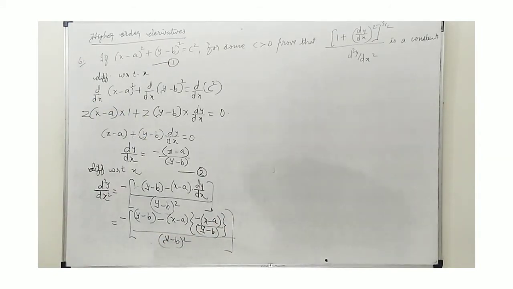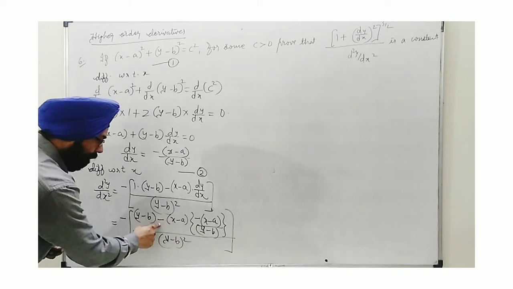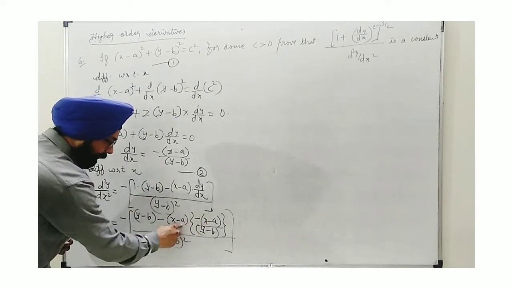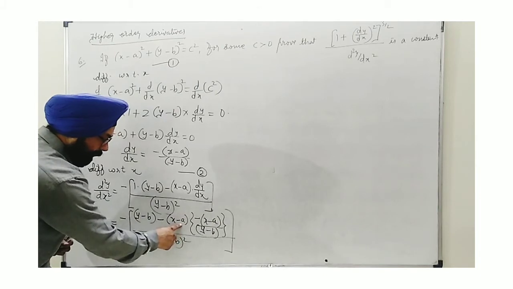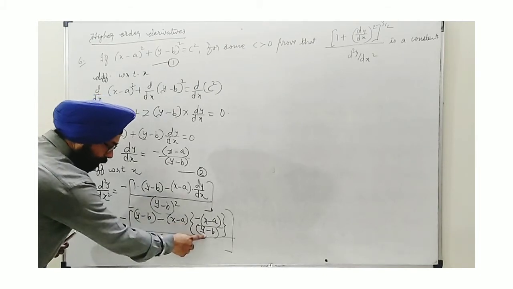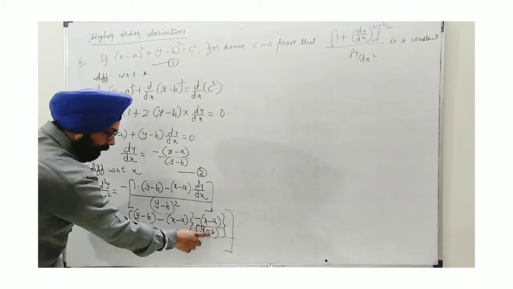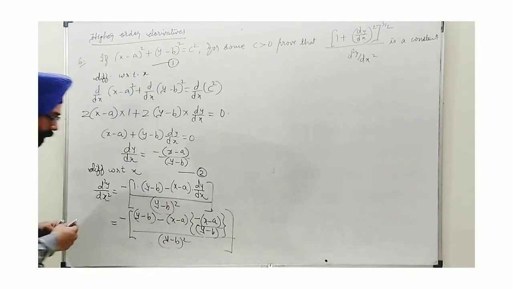Minus into minus multiplication will make it plus, x minus a and this bracket same, this will make it the square of x minus a, and y minus b being the LCM will be multiplied to this one to make its square, and finally this LCM taken of y minus b will come down.